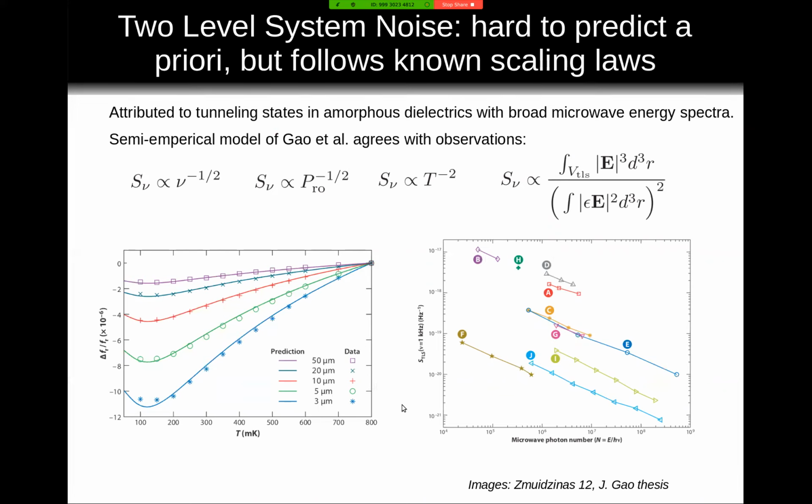And if they happen to flip back and forth between two different levels at the same frequency as your microwave signal, they'll do so more or less randomly. And they'll either absorb a photon or give up a photon at microwave frequencies. And so that generates a randomness to the signal you read out. And we don't have a very good microphysical model for it.